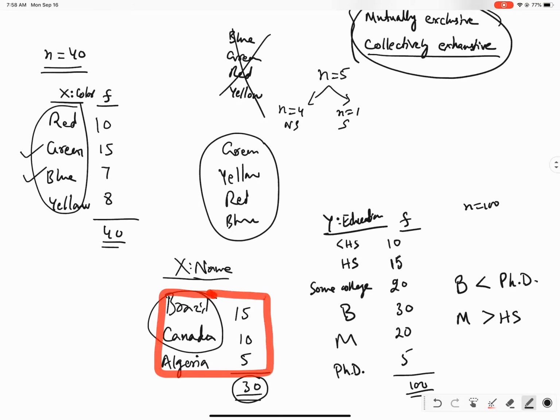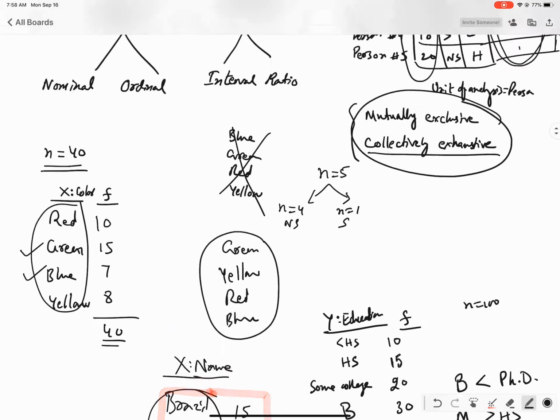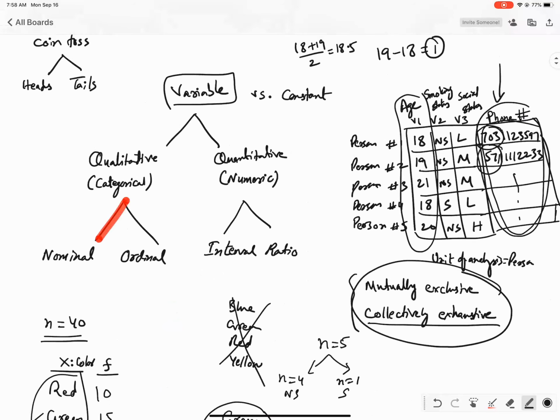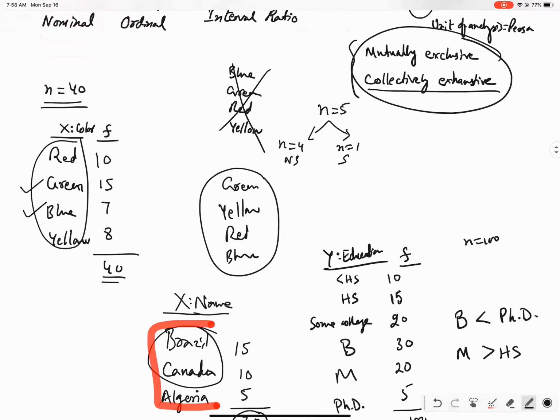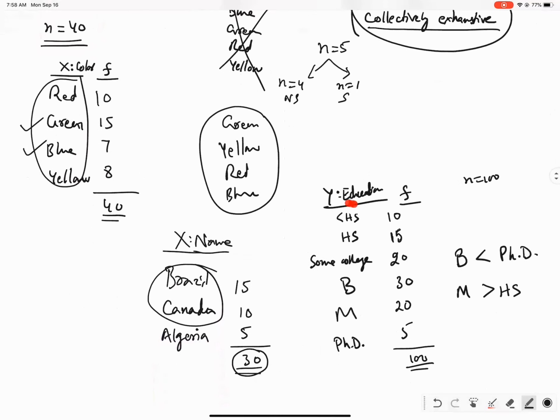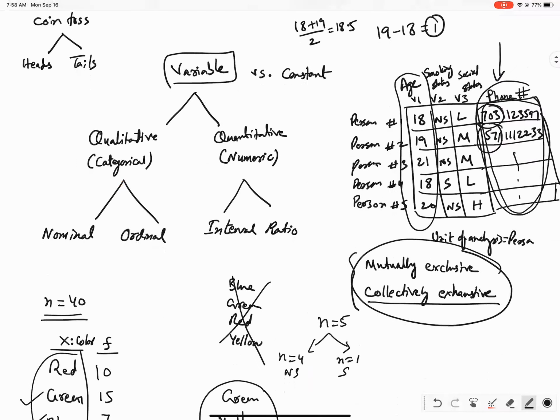This is clearly a categorical variable, but on top of that, it's a special kind of categorical variable called a nominal variable because I cannot arrange these 3 values of x in a particular meaningful ascending or descending order. Whenever I can arrange the values in a meaningful ascending or descending order, I am dealing with an ordinal variable, the second type of categorical variable.